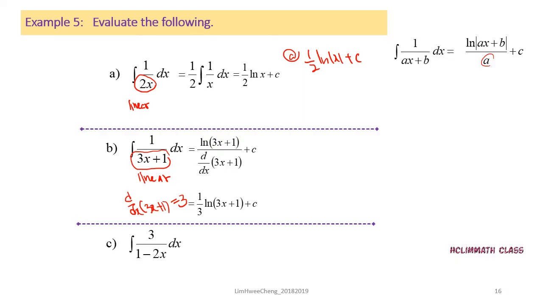And finally, we look at this. This is linear. So I'll get the negative 3 over 2 ln 1 minus 2x, because when you differentiate 1 minus 2x, you get a negative 2. That's why I get a negative 3 over 2 ln 1 minus 2x plus c.